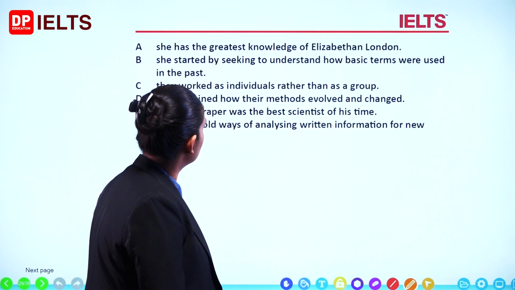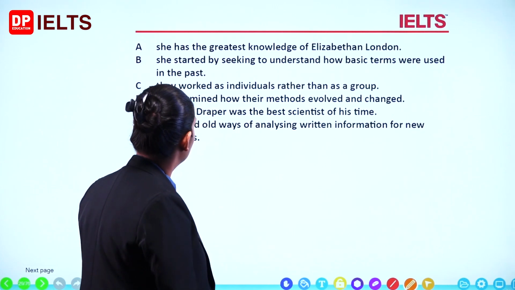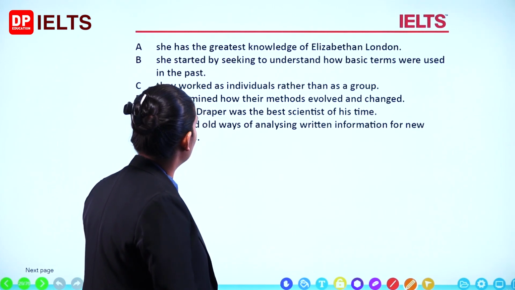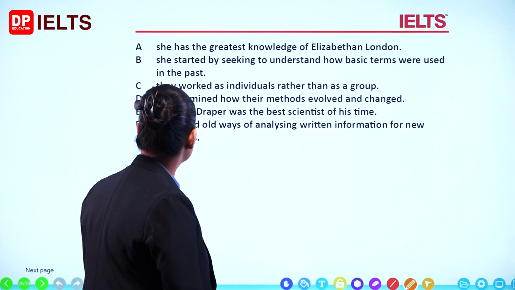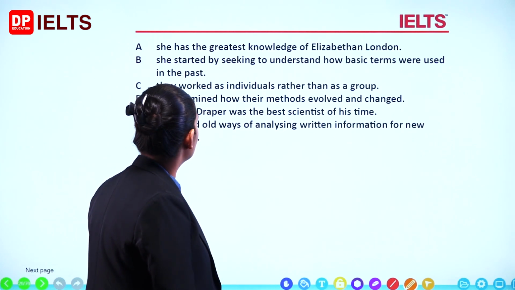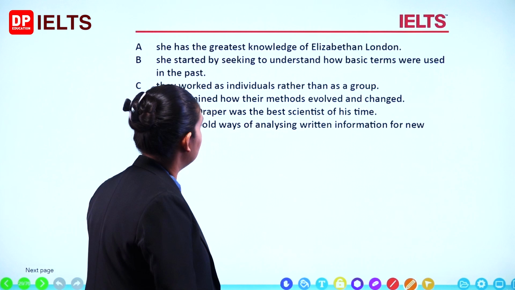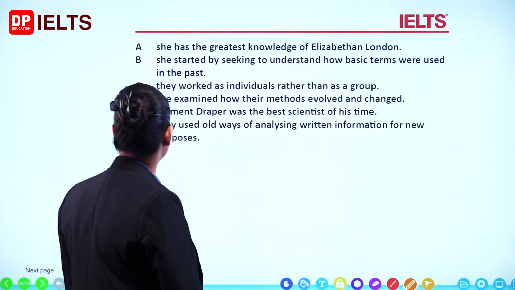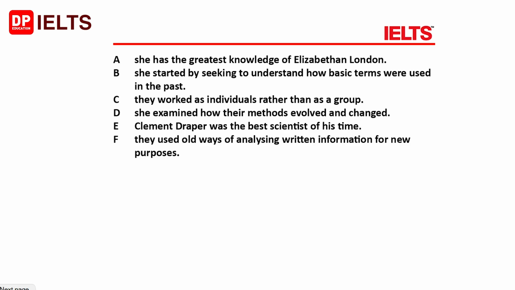They worked as individuals rather than as a group. She examined how their methods evolved and changed. Clement Draper was the best scientist of his time. They used old ways of analyzing written information for new purposes. So the sentence ending starting with a capital letter doesn't really fit in. So I would take this out.